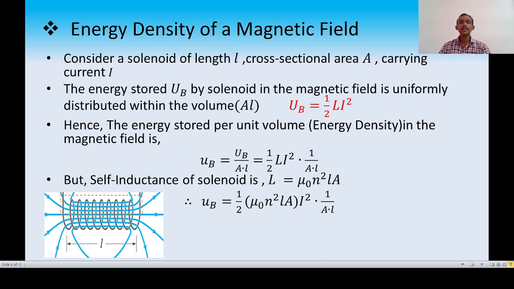We get the final answer of the energy density: U B is equal to 1 upon 2 mu 0 N square into I square.